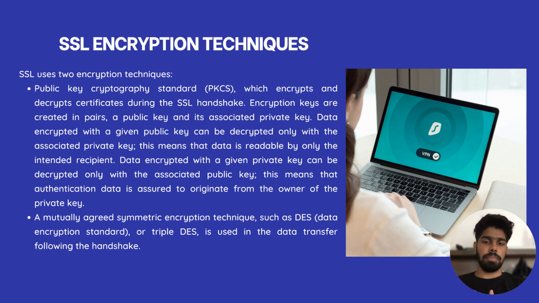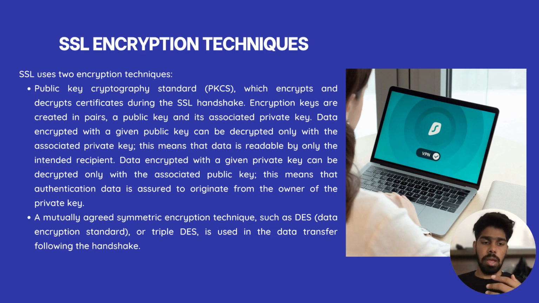This means data is readable by the intended recipient only. Whoever has the public key will be able to read the data from that entity. Data encrypted with a private key can be decrypted only by the public key. This means the data is assured to originate from the owner.